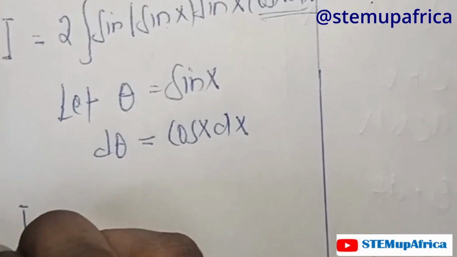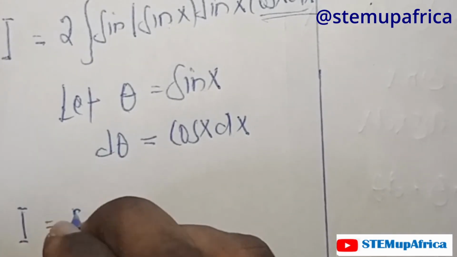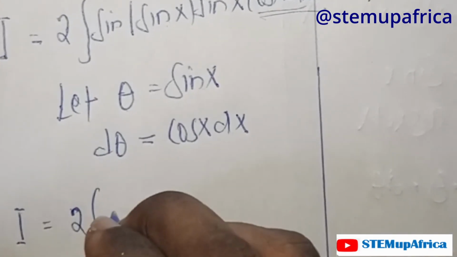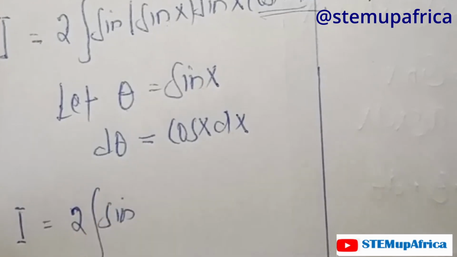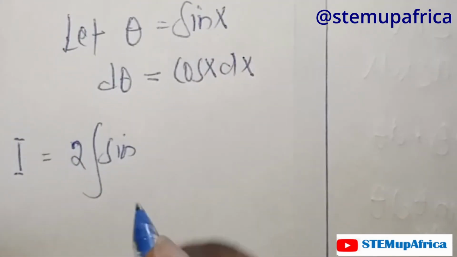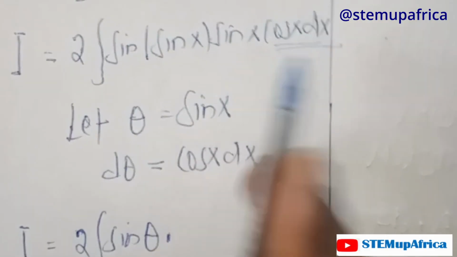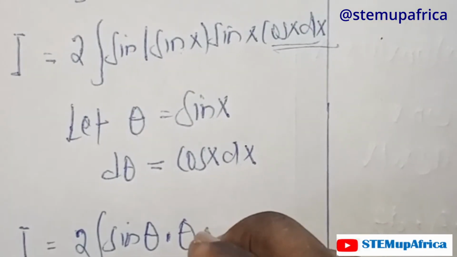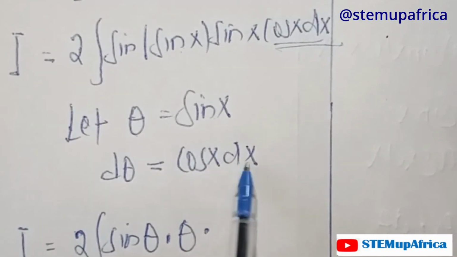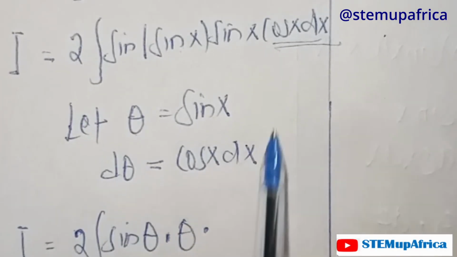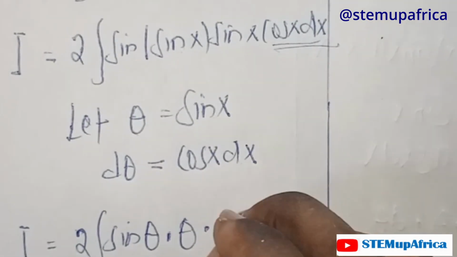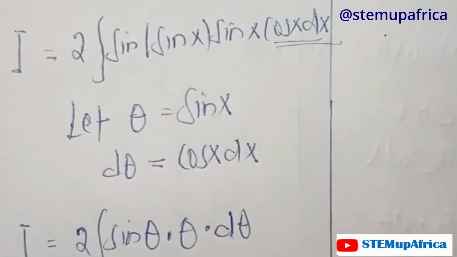So I'm having 2 times the integral of sin x, which now becomes theta, times cos x dx, which becomes d theta.